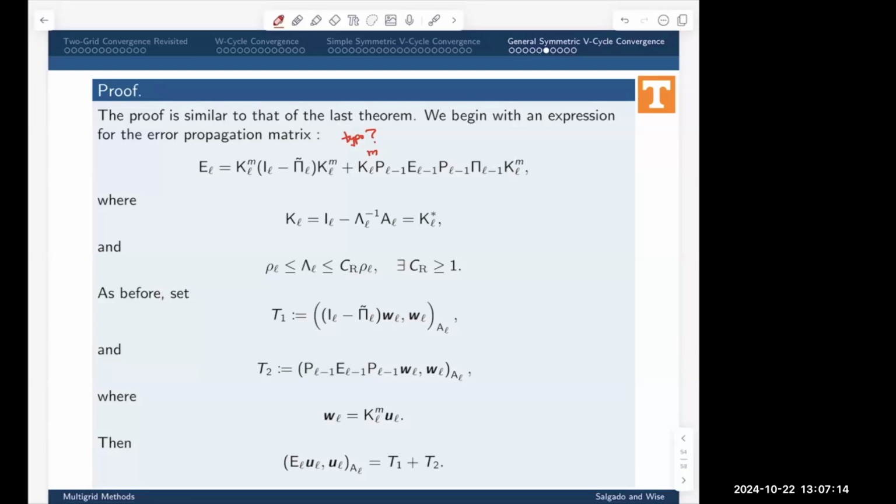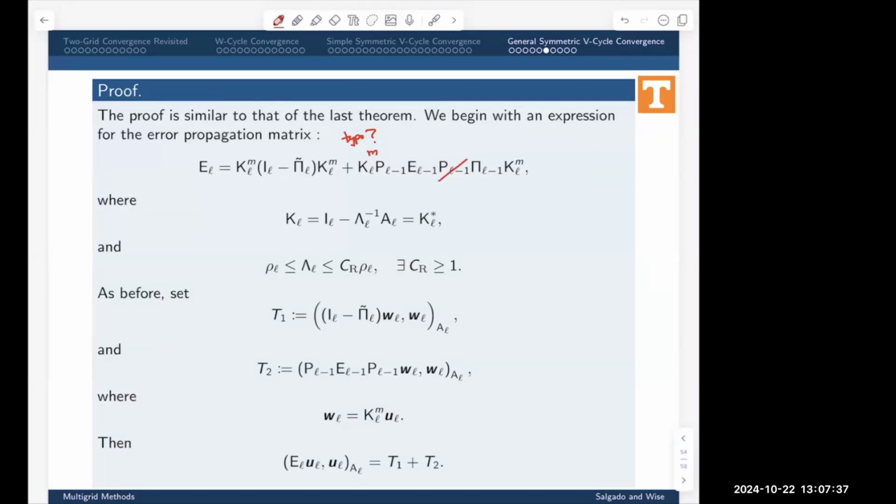I'm thinking that the second one is extra, but I could be wrong. Oh, no. Okay, so this one is correct, and you're saying this one might be incorrect. I think it's extra.